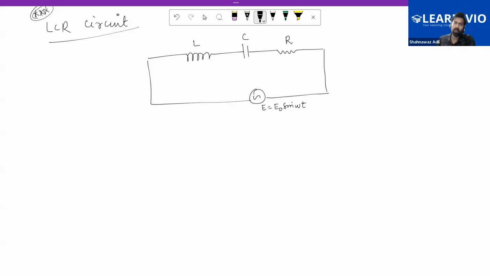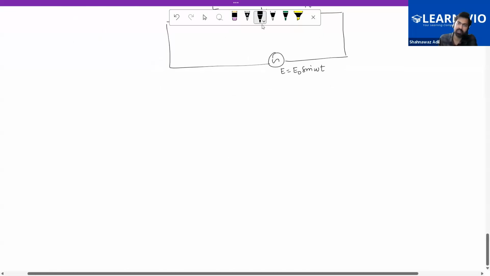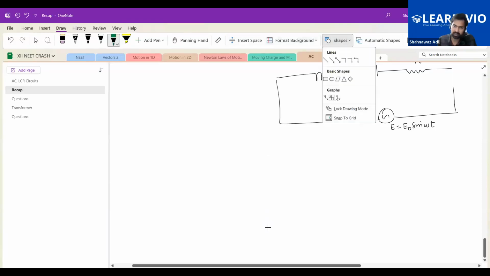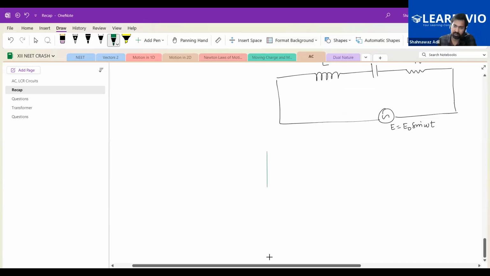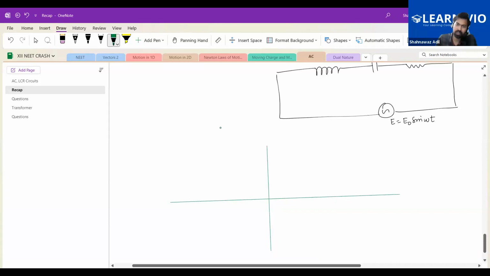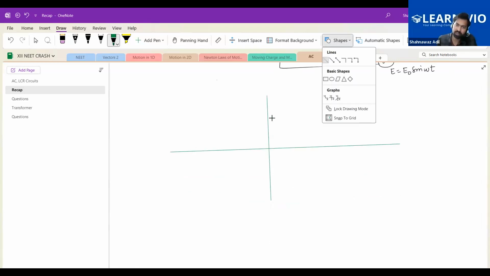To understand this thing, we use the phasor diagram, right? So if we draw a phasor diagram, how can we do that? Let's say we have a phasor, and the first thing that we have is the supplied voltage.